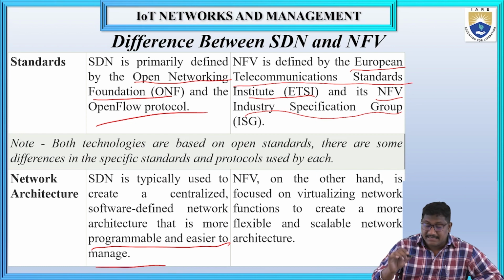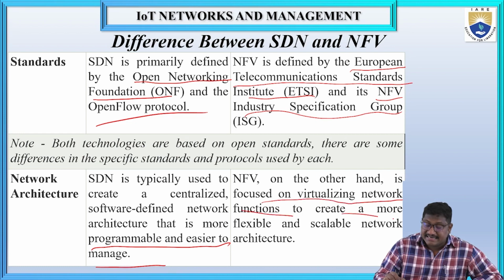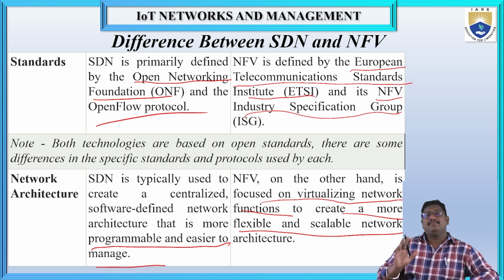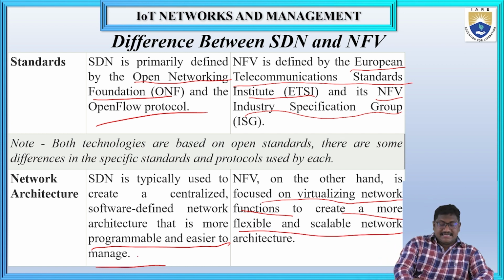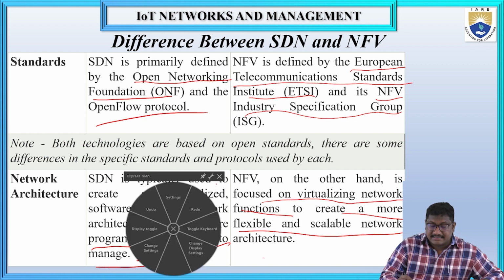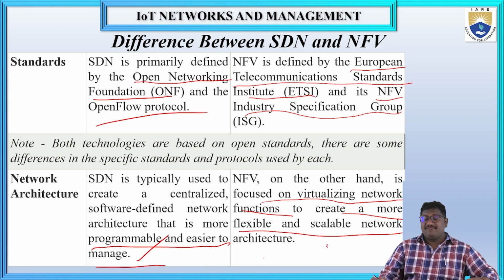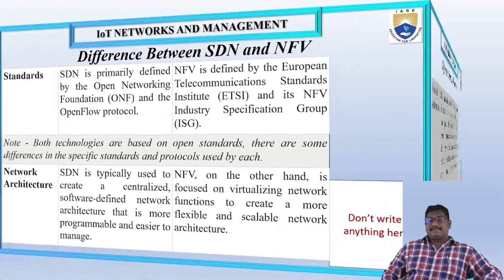Whereas NFV is focused on virtualized network functions for creating a flexible and scalable network architecture. If you observe, SDN is purely designed for a more programmable architecture, whereas NFV is designed for a flexible and scalable network architecture.